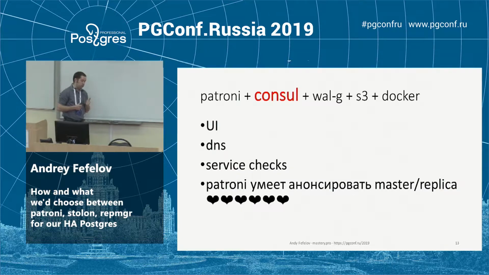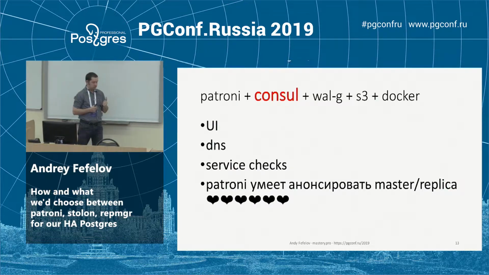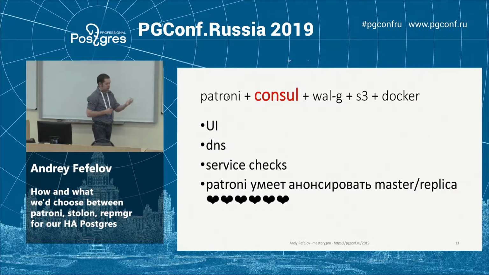In some cases, you can ask Consul to bring some information for the IP address, and Patroni, starting from September, can announce nodes, master and replica, inside the cluster.